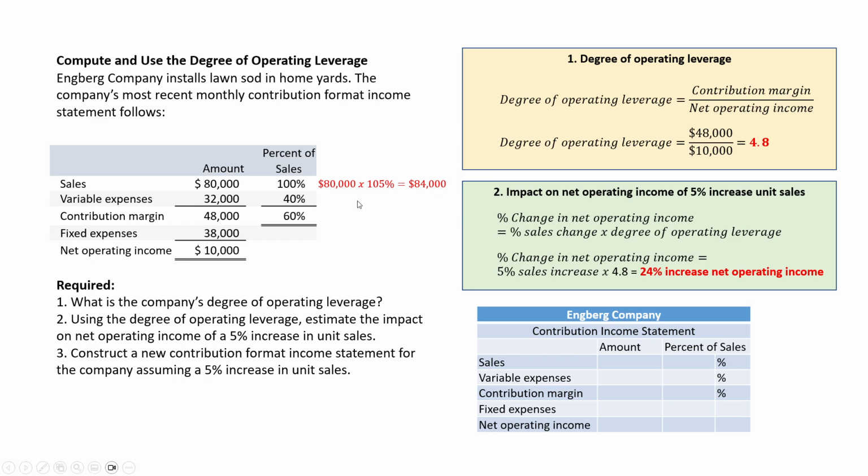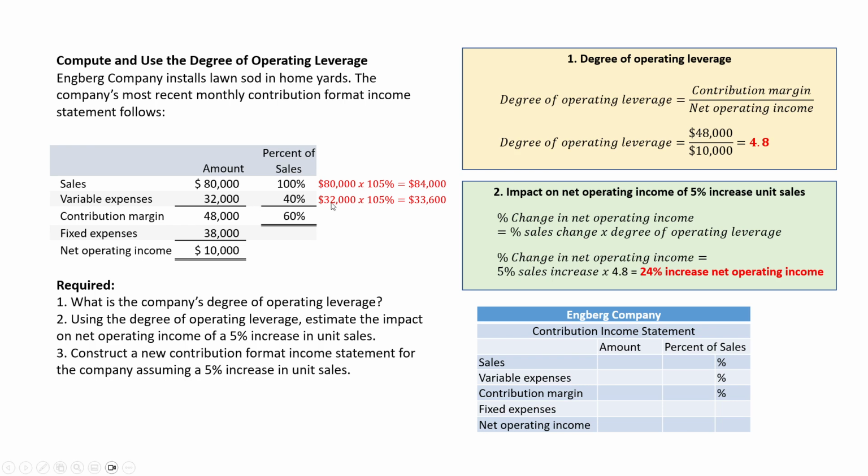How are we going to figure out our variable expenses? Well, our assumption is the normal rules of variable costs, that our per unit variable cost isn't going to change, and what's going to change our total variable cost is our activity level. If sales is increasing by 5% in unit sales, then variable expenses, knowing nothing else is going to change, is also going to increase by 5% because of the activity level increasing by 5%.